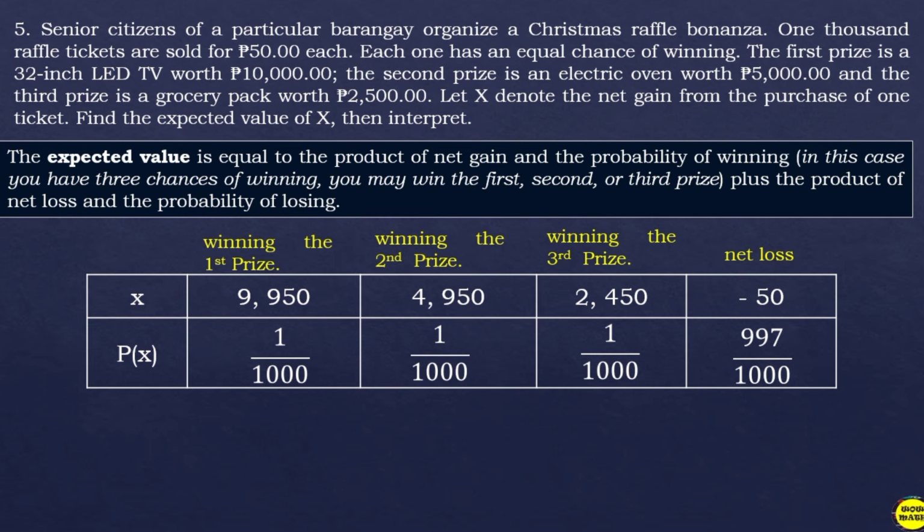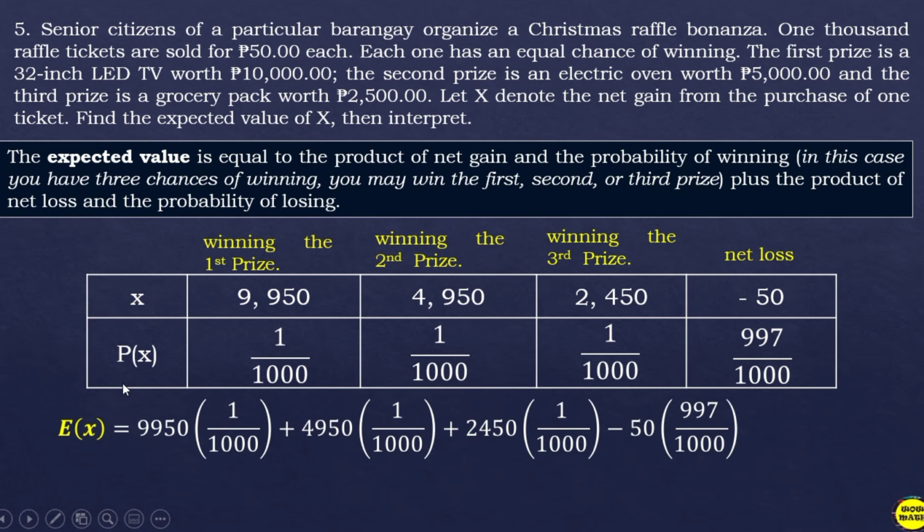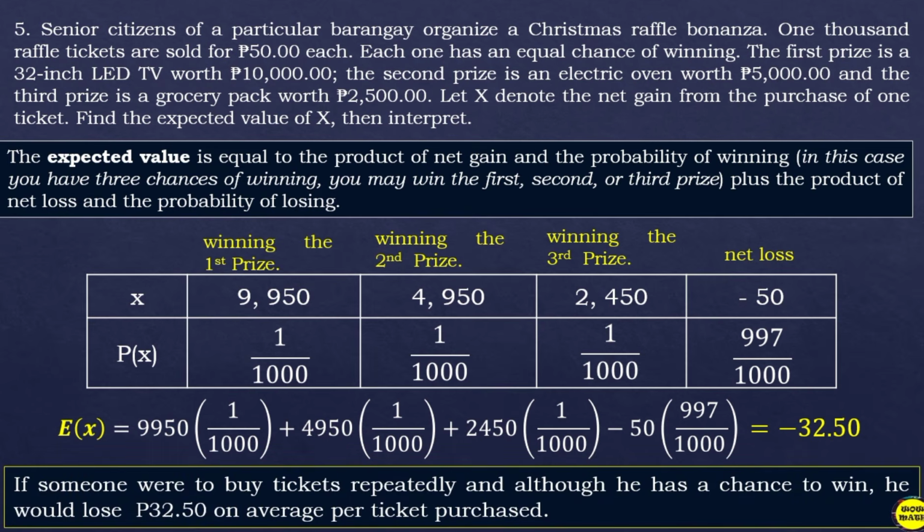So, using this probability distribution, we can now solve the expected value. Okay? So, by multiplying 9,950 times 1 over 1,000 plus 4,950 times 1 over 1,000 plus 2,450 times 1 over 1,000 minus 50 times 997 over 1,000. So, the expected value is negative 32.50. What does that negative 32.50 mean?